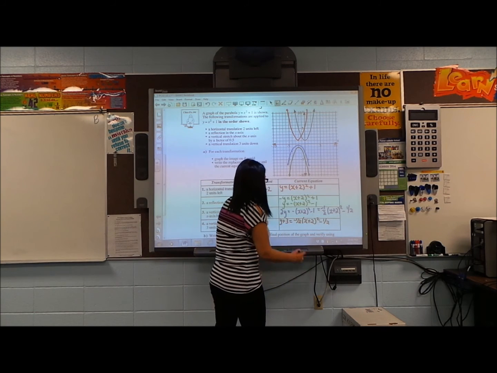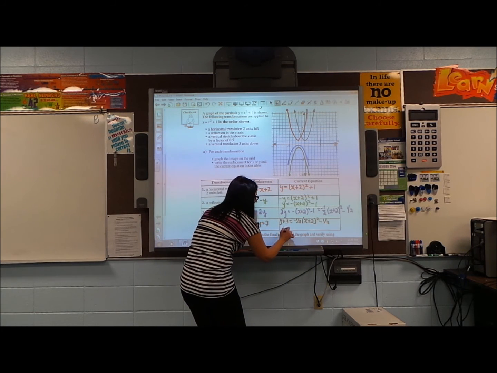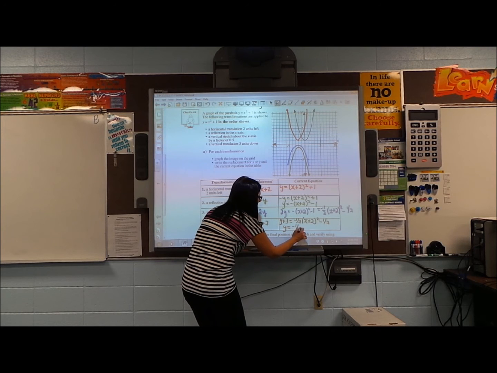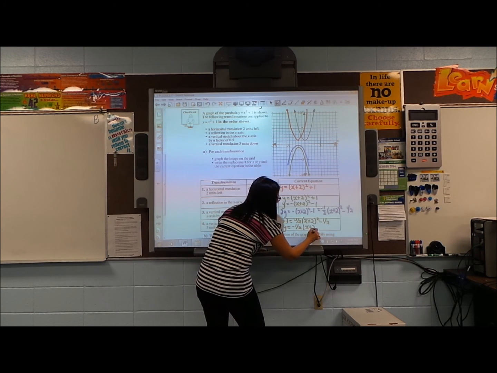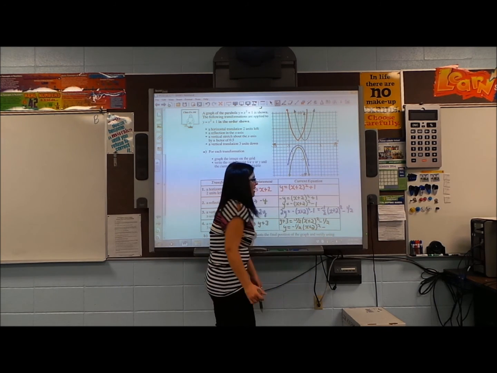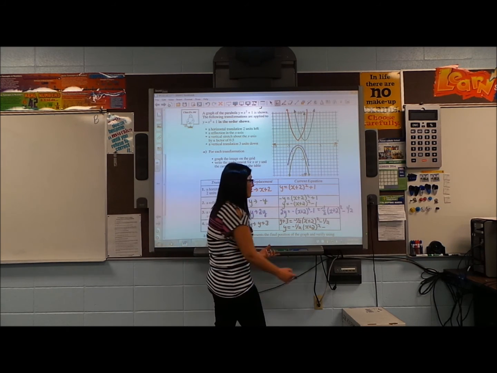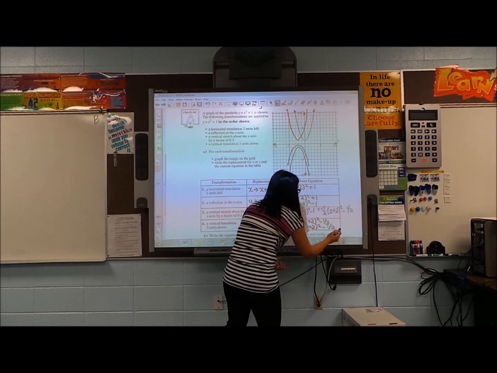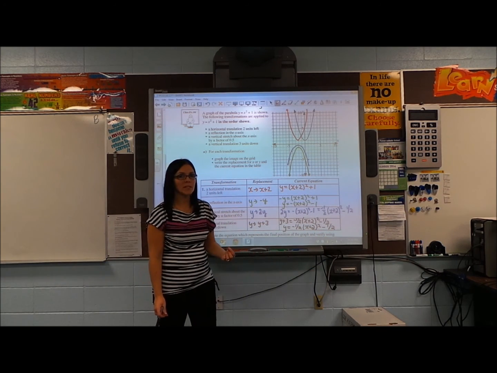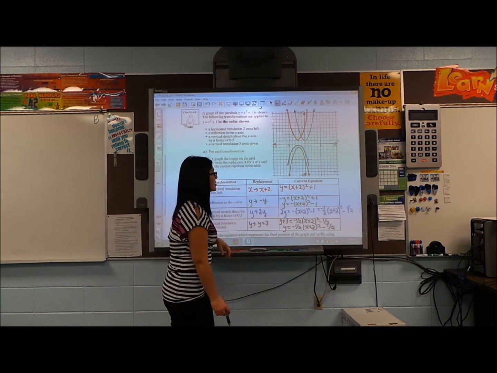Bring the 3 to the other side, so now I'm going to subtract 3 on each side. And I get negative 1/2 (x plus 2) squared, and negative 1 minus 3 is negative 3.5 or negative 7/2. Don't use mixed numbers, change it to an improper fraction.